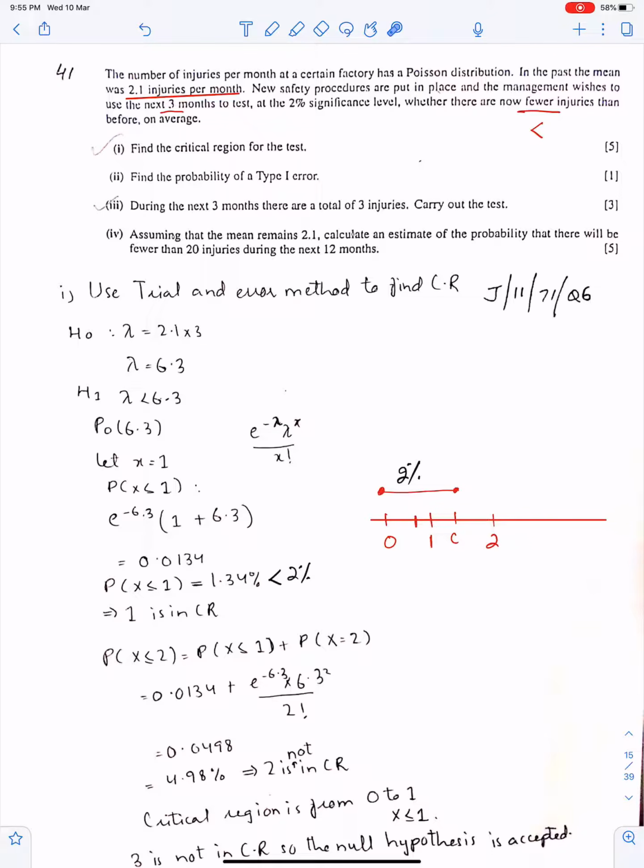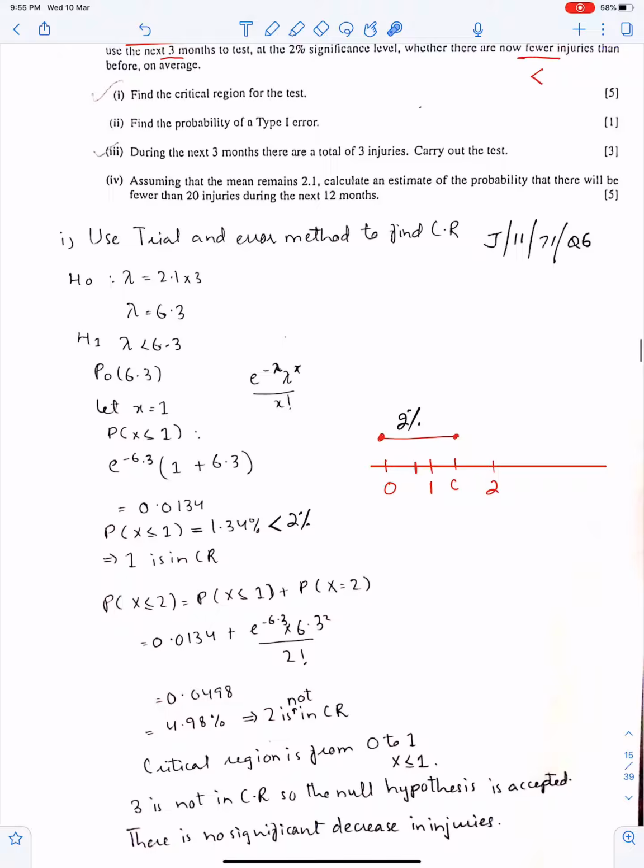Now, part 3, because we are not discussing type 1 error. Assume during the next 3 months, there are a total of 3 injuries. This is the test value. Carry out the test. Since 2 is not in the critical region, that means 3 must be in the acceptance region. When 2 is not in the critical region, then 3 must not be in the critical region as well.